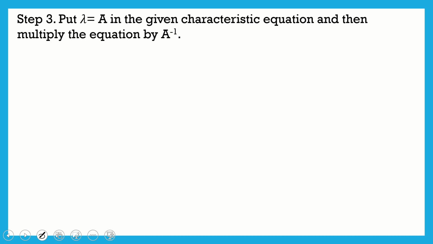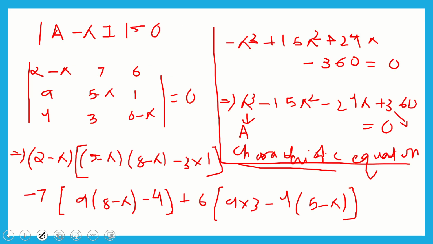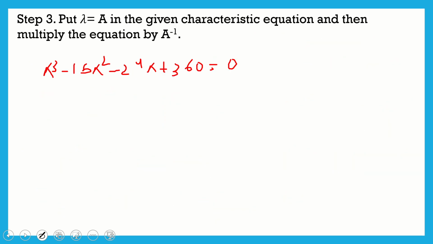So you have got lambda cube minus 15 lambda square minus 24 lambda plus 360 is equal to 0. Okay, let us check it once again.